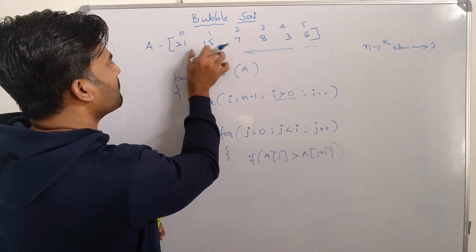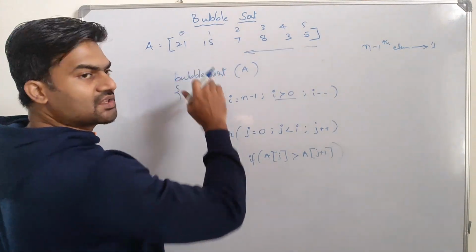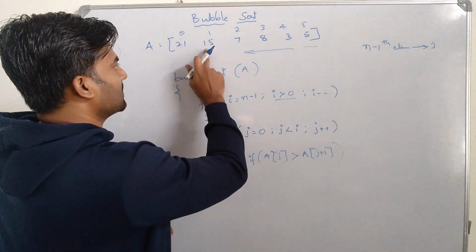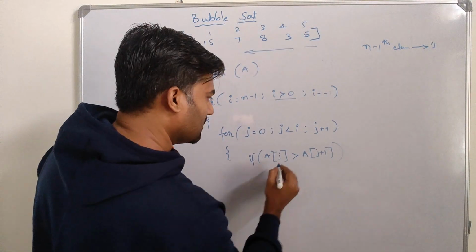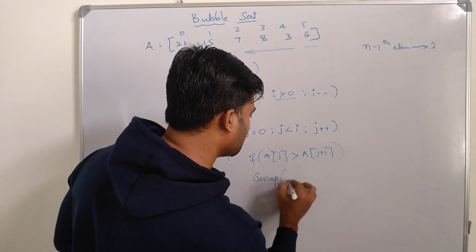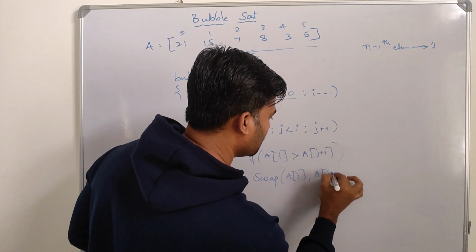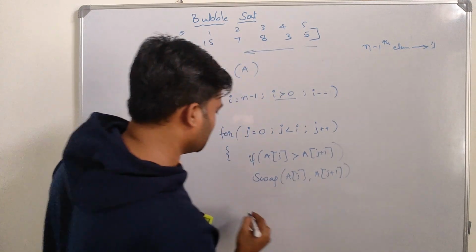Because we will compare these two elements, if I am starting from this location, I'll compare it with the immediate next element. If that is the case, I will swap a of j with a of j plus 1.